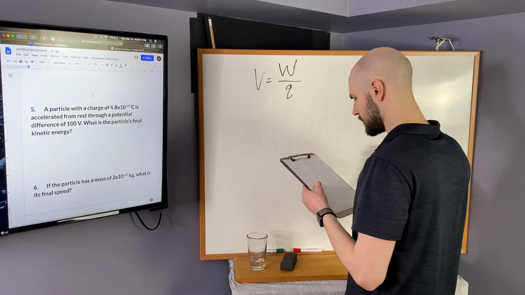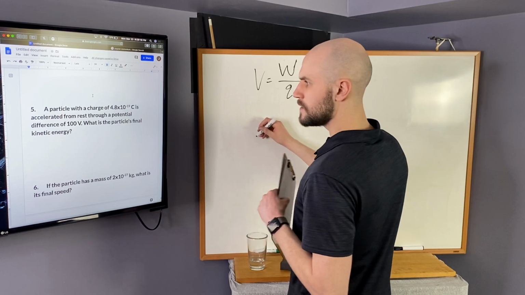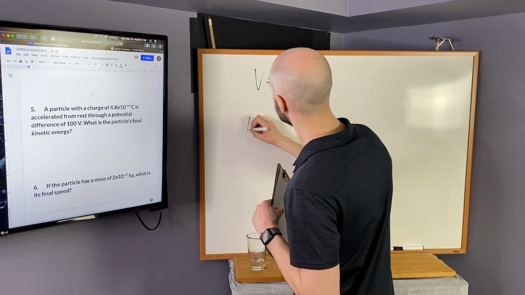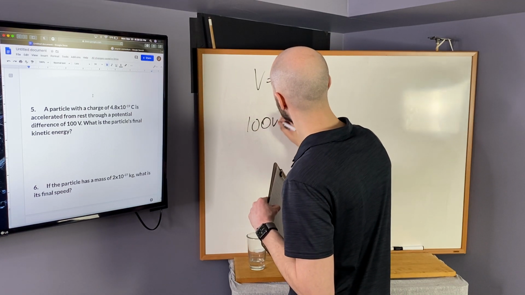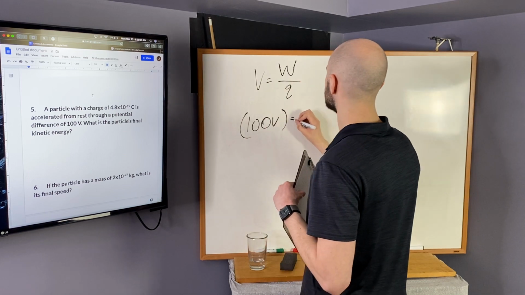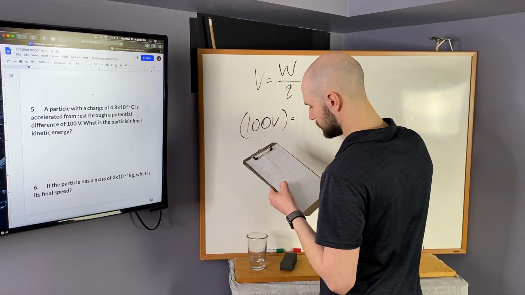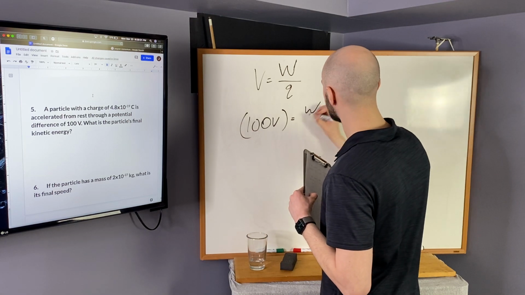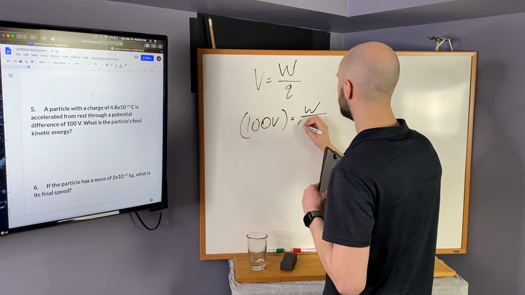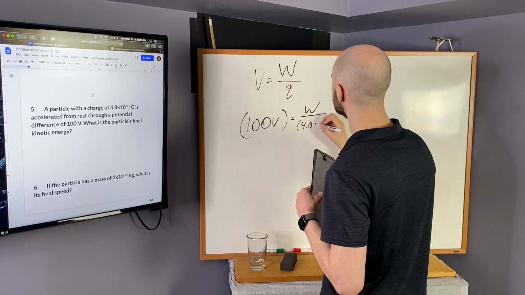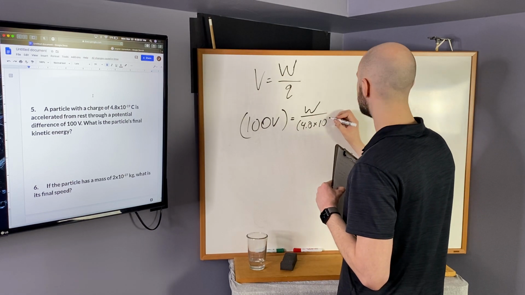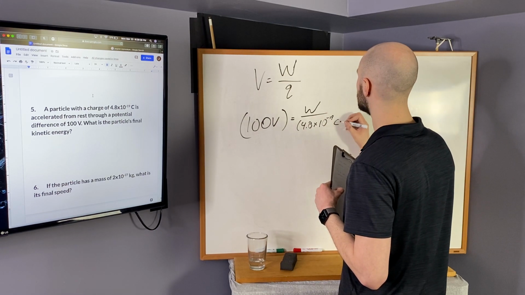So, plugging this in, we know that the potential difference between the locations is 100 volts. Is equal to, our goal is to find the work. The charge is given to be 4.8 times 10 to the minus 19 coulombs.